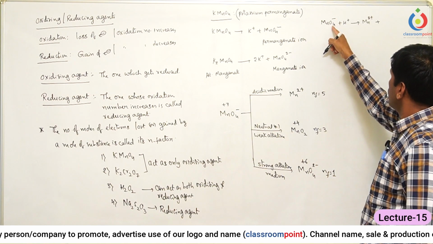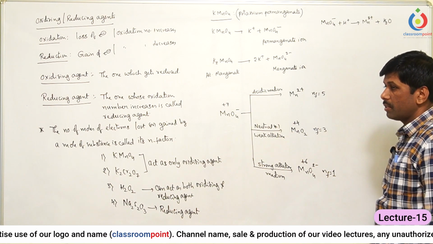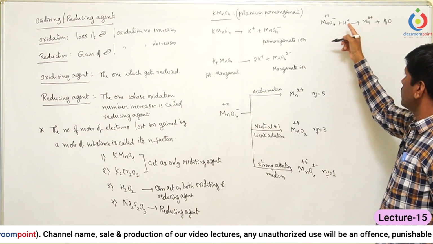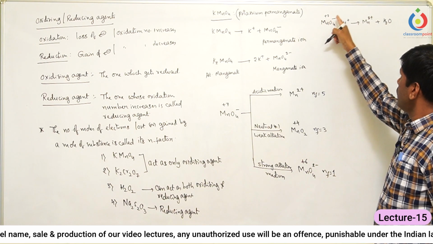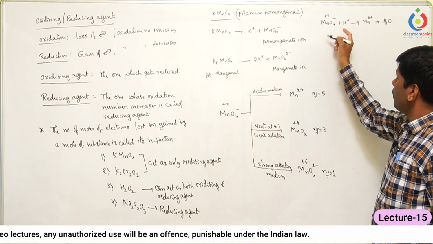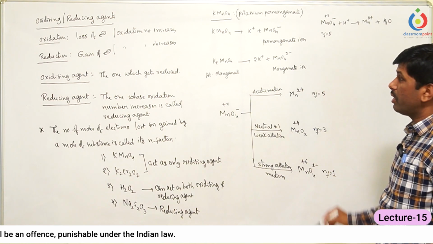This H plus ion always takes the oxygens to form water molecules. So here +7 is oxidation state, here +2 is oxidation state, +7 to +2, difference is only 5 and here only 1 manganese is there, that's why N factor is equals to 5 here.